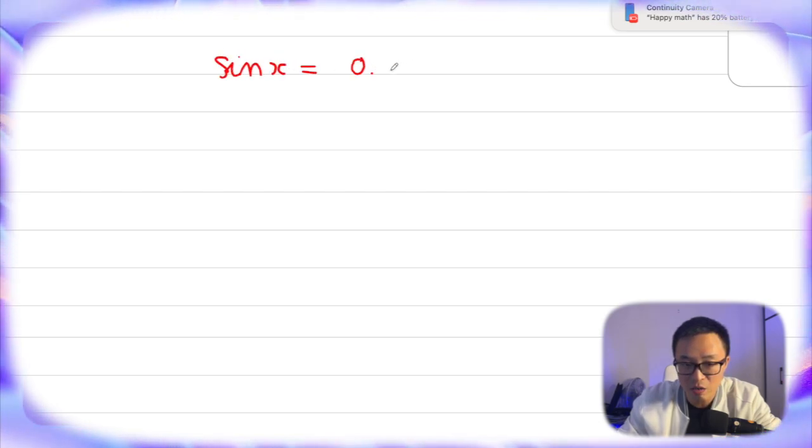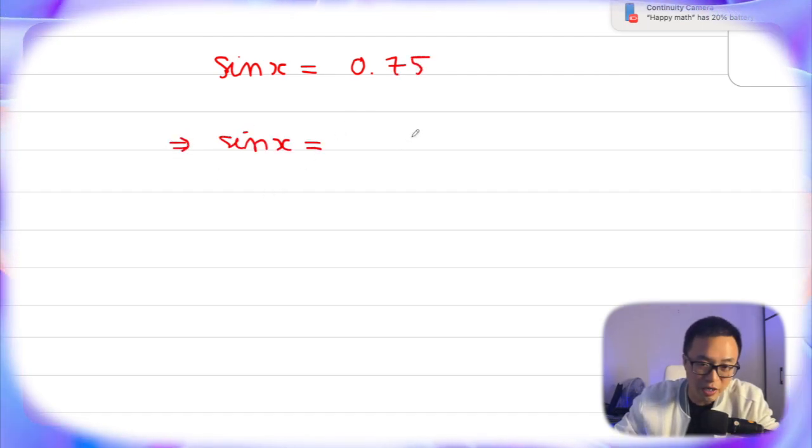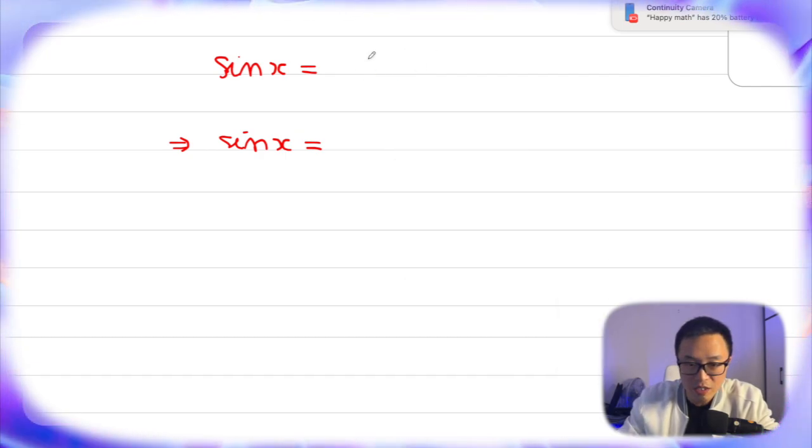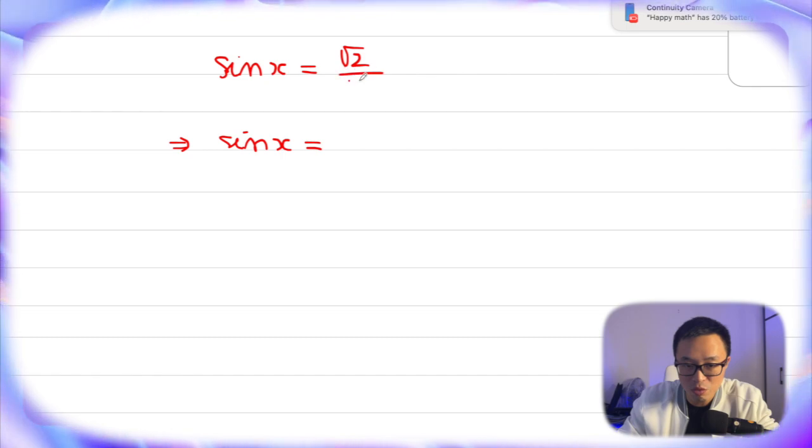And the next one will be the last one for this video. You have sine x equals 0.75. This is a little harder because I need to convert this value into the form of a surd, something like square root of 2 over 2.